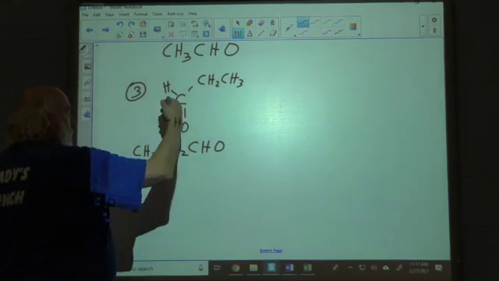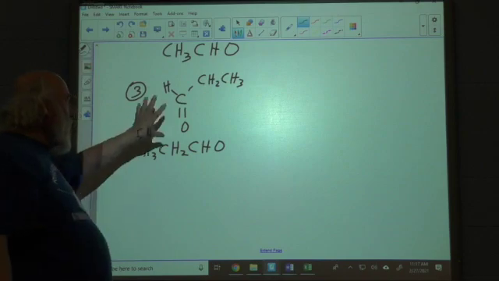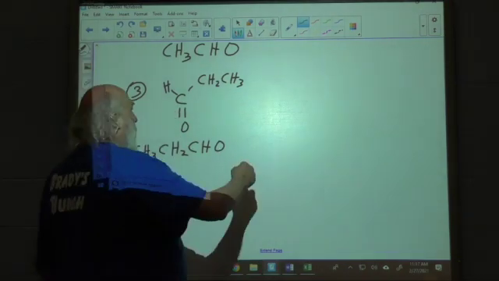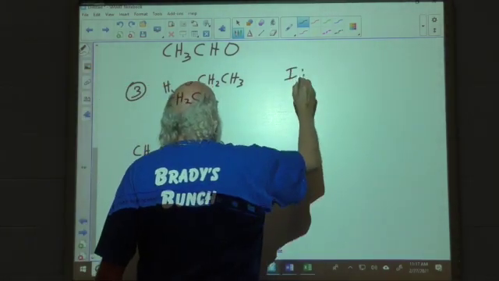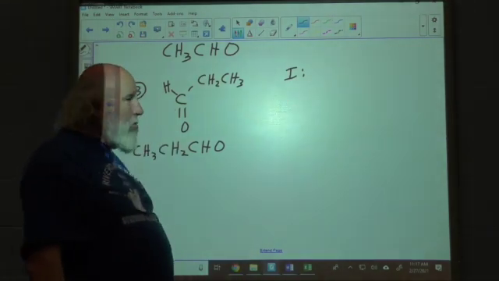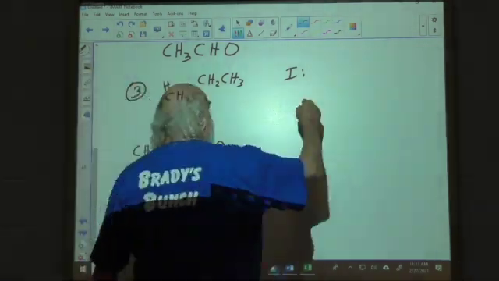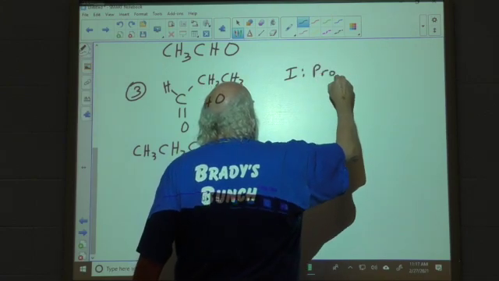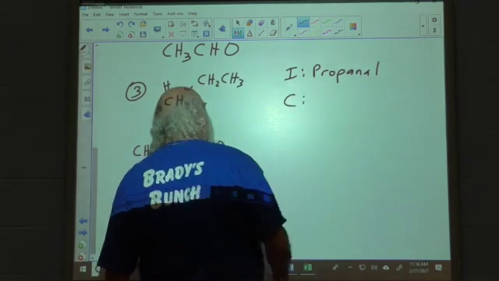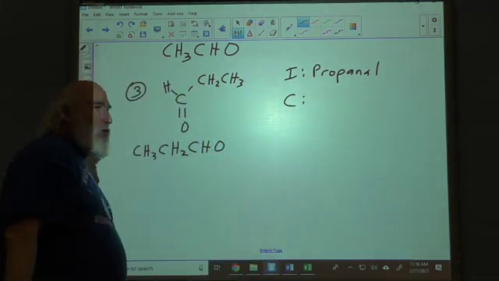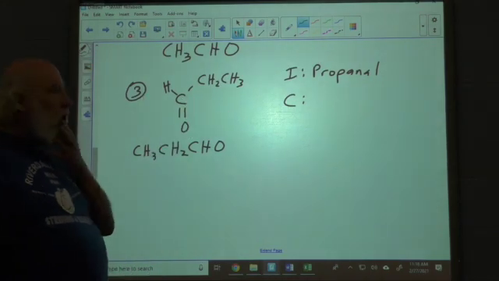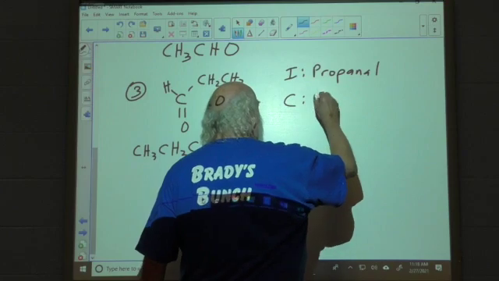So that's the Lewis dot structure for this, and this is the straight line form for it. And the IUPAC name for this, well, again, longest continuous chain is 3 carbons, so this is a propane. We drop the E and put propanal. Common name, this is from the propionic form where we got prop as 3 carbons. So this is propionaldehyde.